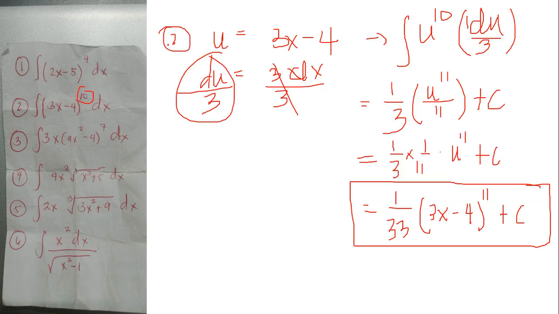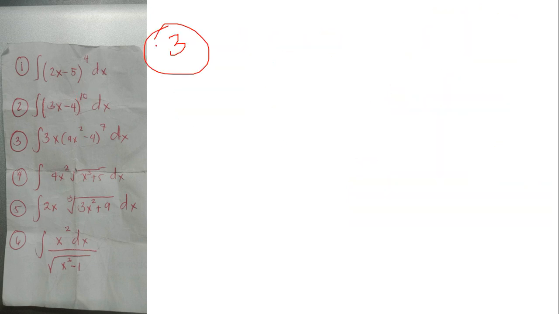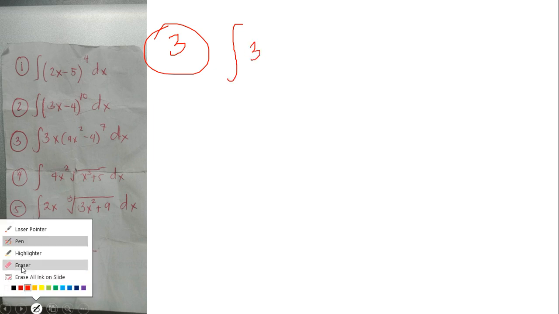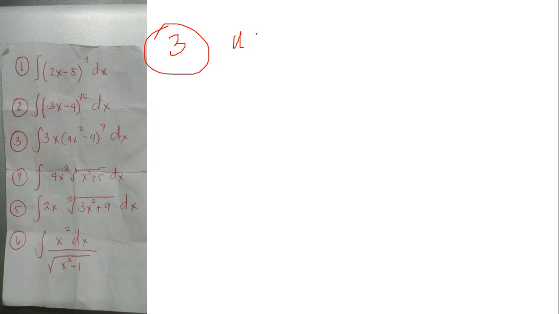Next, let's move on to number 3. Number 3, the integral of 3... Ay, bakit ko kinakopy? Meron na nga dyan, kinakopy pa. Huwag natin i-copy. So, yung u natin dyan, number 3 tayo ha. Yung u natin dyan is, ano ba yan? 9x ba yan? Or 4x? Sulat ko, di ko na. 9x squared minus 4.